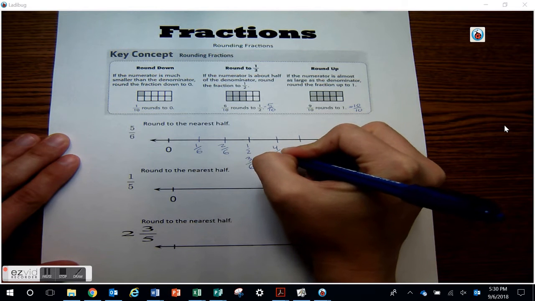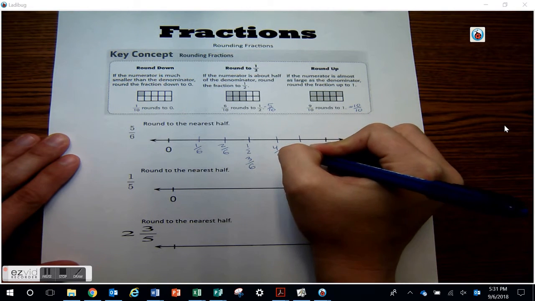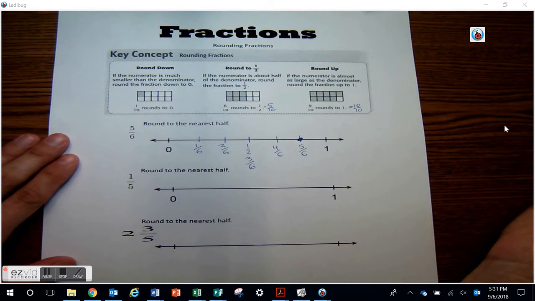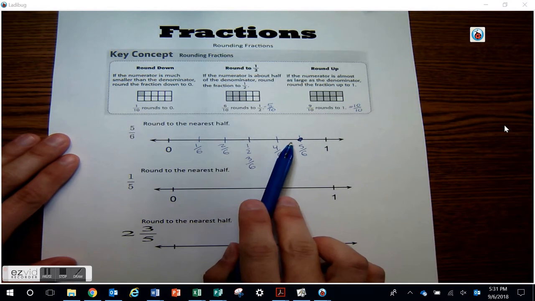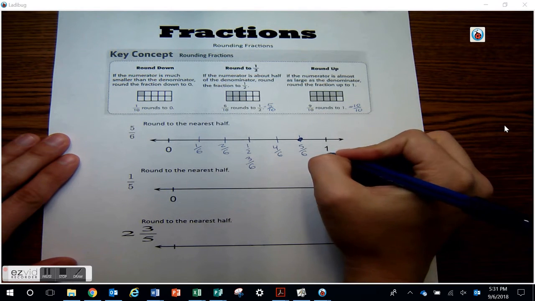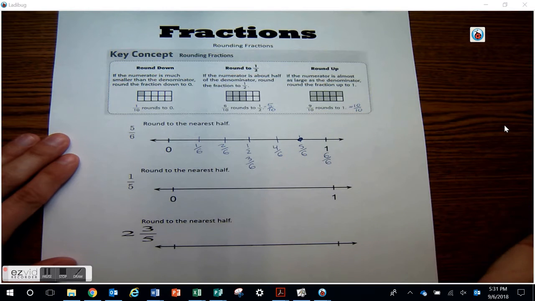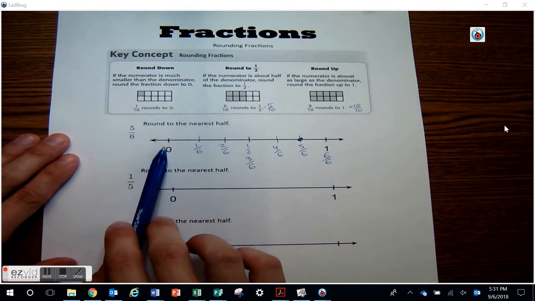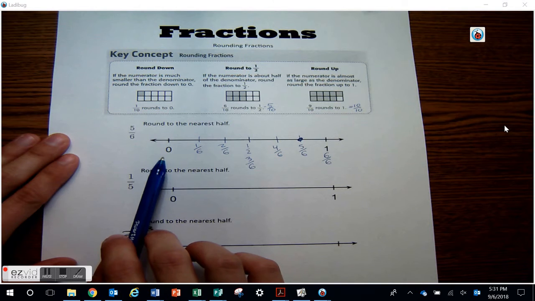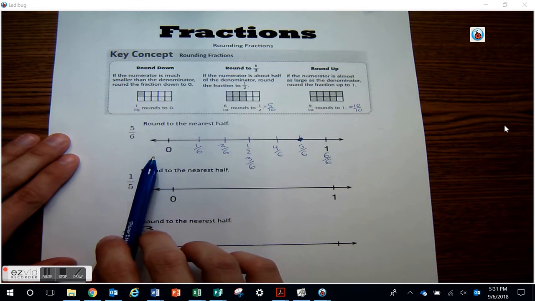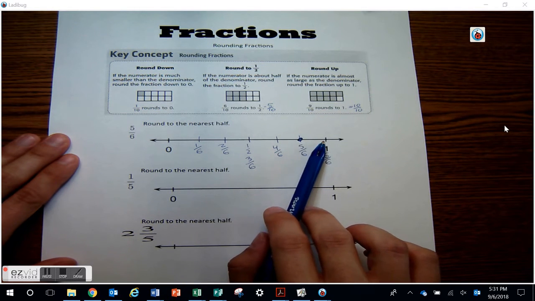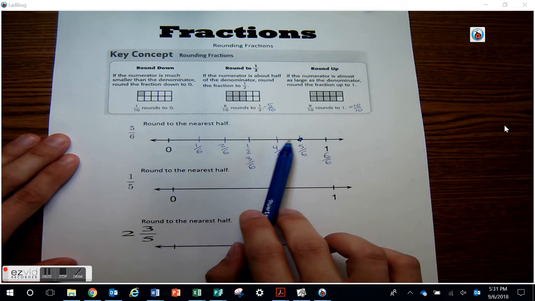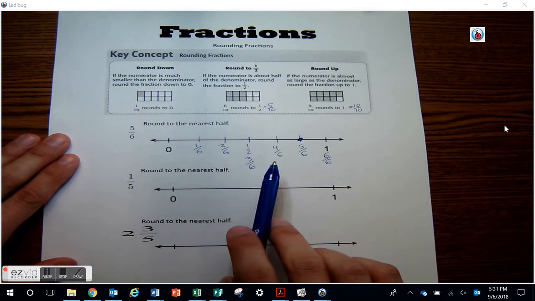So this is 1/6, 2/6, we have 3/6, 4/6, and 5/6. Let's plot a point on 5/6. Is this point closer to 1, which is 6/6, 1/2, or 3/6, or 0, meaning 0/6?